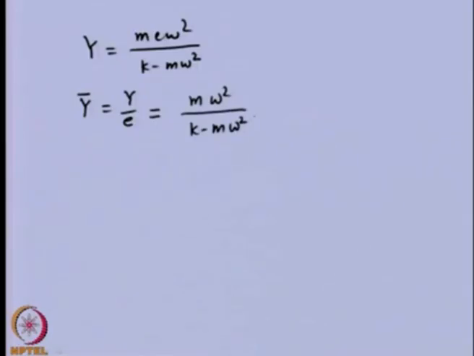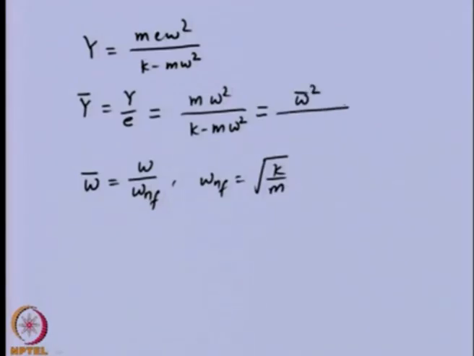Now, we can define a frequency ratio as omega by omega nf, where omega is the spin speed and omega nf is the natural frequency, which is given as root k by m. With this, we can write this expression as omega bar square divided by 1 minus omega bar square by rearrangement of the equation.